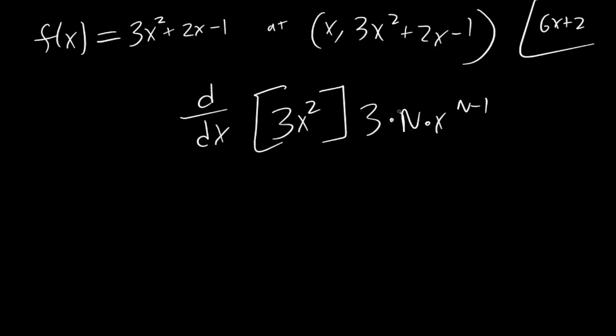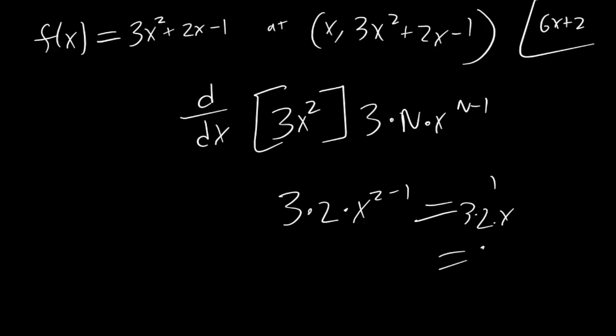In this case, n is 2, because it's the exponent. So we have 3 multiplied by 2 multiplied by x to the power of 2 minus 1, which is 1. 3 times 2 is 6, so 6x to the power of 1. When it's to the power of 1, we can just pretend it's not there, so it's just 6x. That is the derivative of this right here.